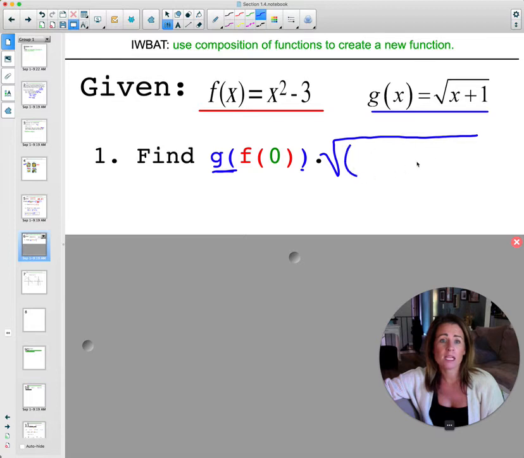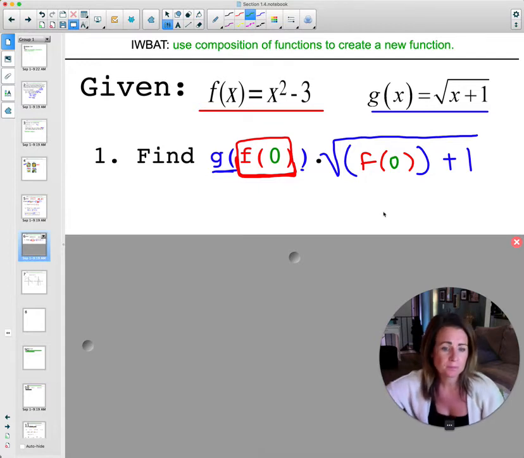We're taking something and plugging it into the g function. So what are we plugging into the g function? f of 0. This is going into the g function, so we're plugging in f of 0 here. Figure out what f of 0 is so that you know what to plug in.